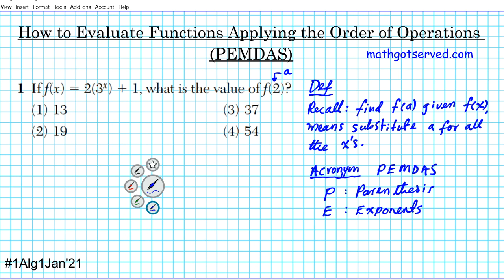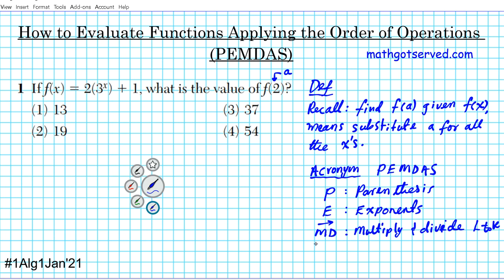All right, after you're done with P and E, the next two are grouped in pairs, okay? So we have M and D are grouped in pairs from left to right. Basically means that you multiply and divide. They're in the same level. You multiply and divide, but you do it from left to right. Okay, so whichever one shows up from left to right, that's the one you do first. So let's say you have a multiplication first to the left of a division, then you do the multiplication first.